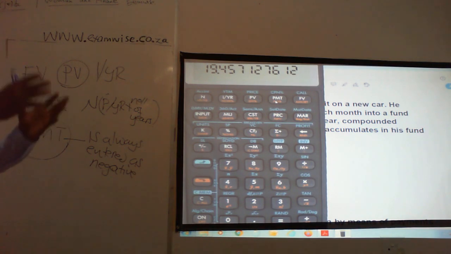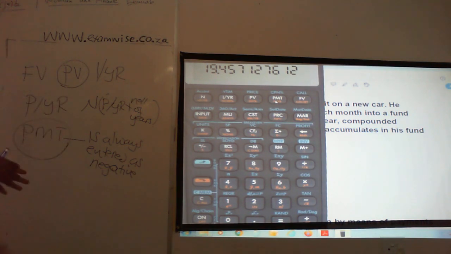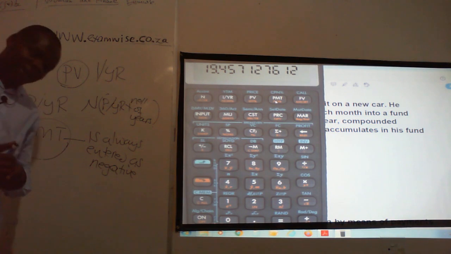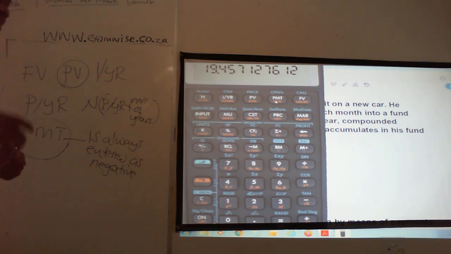So before we start to speak of bonds, PMT can only be entered as positive if we have present value as one of our variables to calculate the missing variable. So that is how we do it.